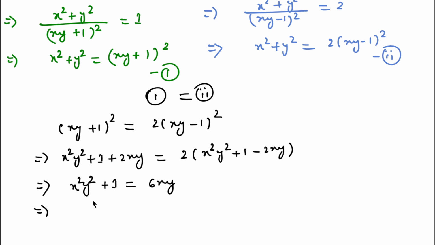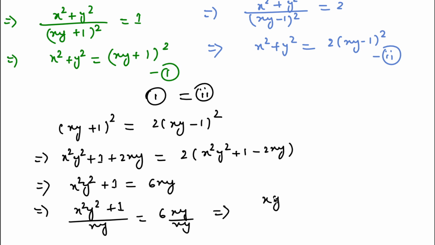Okay, now I will divide both sides by xy, then we can write this equation, that is 6xy over xy, which is equal to xy plus 1 over xy equal to 6.